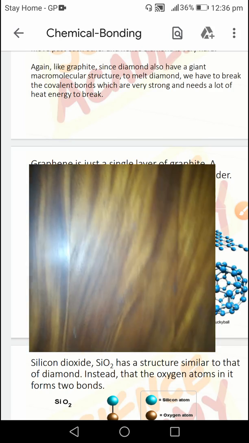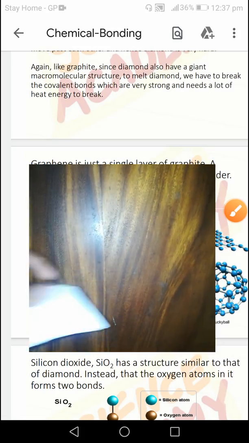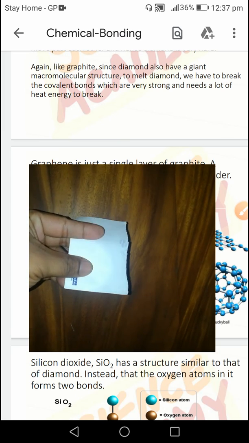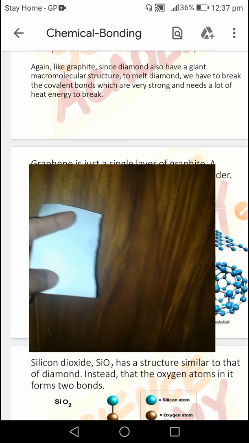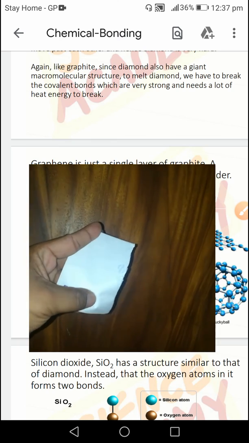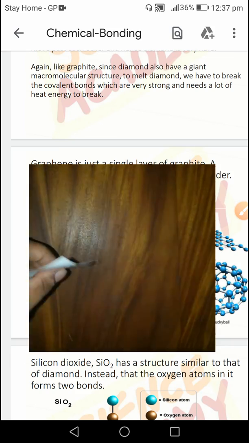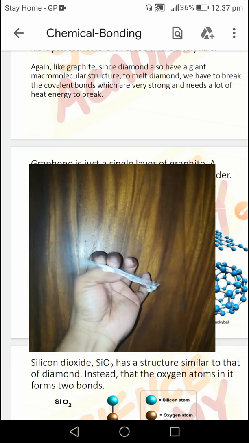But in case of graphene, this is a single layer, and you have to put force on this. See, look, I am trying to pull it. We have to put a force on this single layer, and it's very difficult to deform a single layer rather than sliding 2 or more layers over each other.